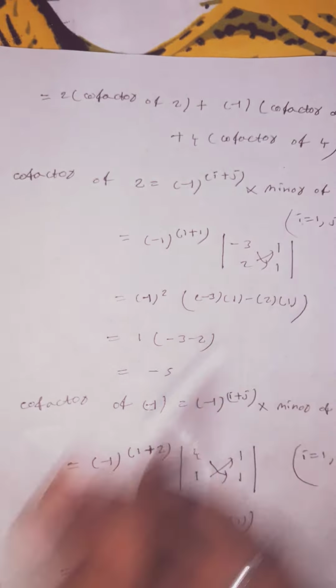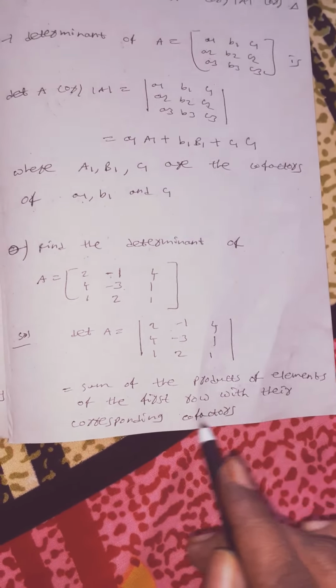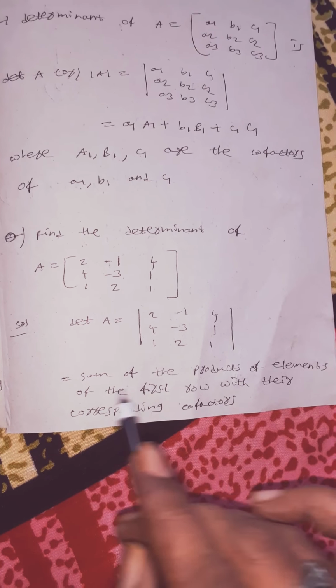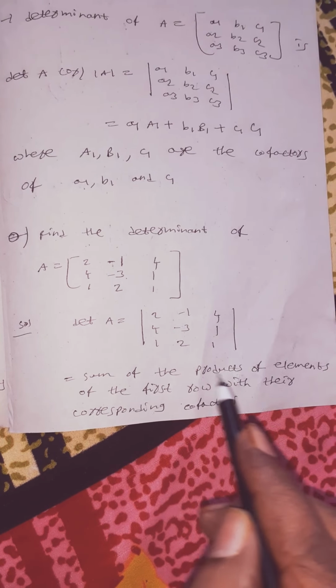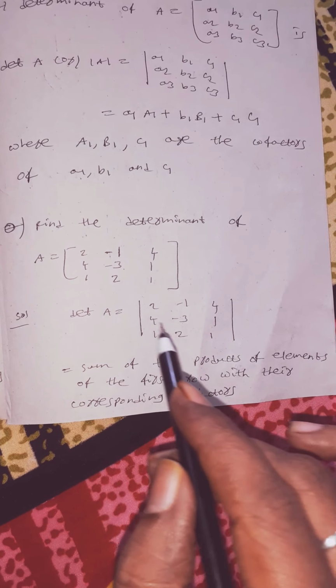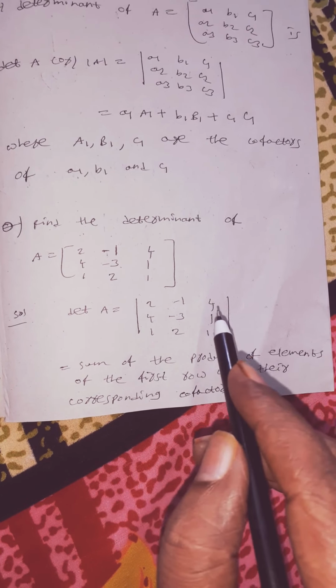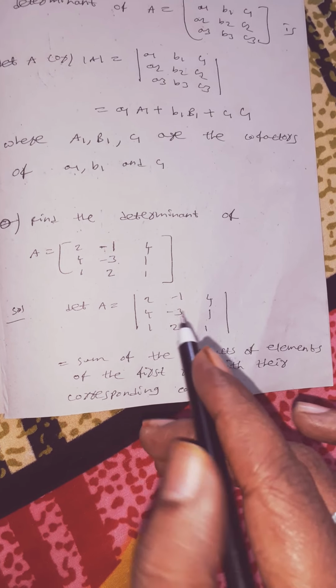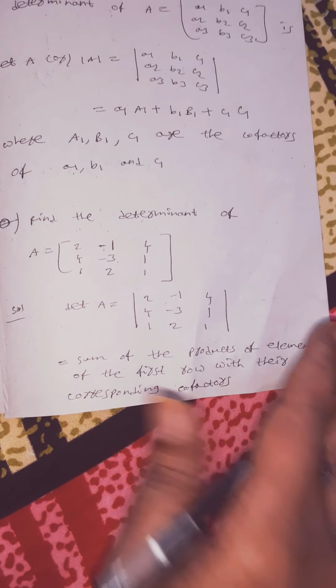See here, sum of the products of elements of the first row with their corresponding cofactors. Sum means plus, product means into: whichever row I am taking, that row element into its cofactor.